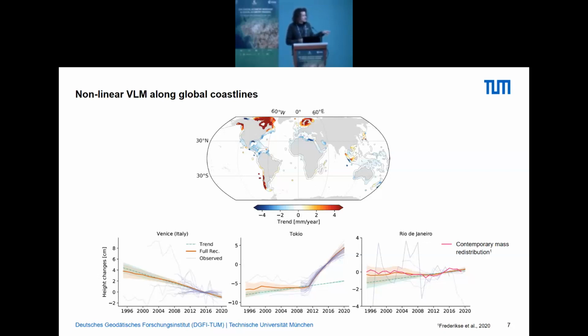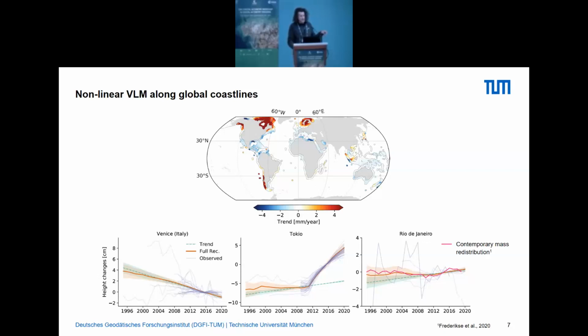So really we have uncertainties at every time and at every location. And also these uncertainties get larger the further we go back in time, and that's also meaningful because we do not have a lot of data in the first period of observations.